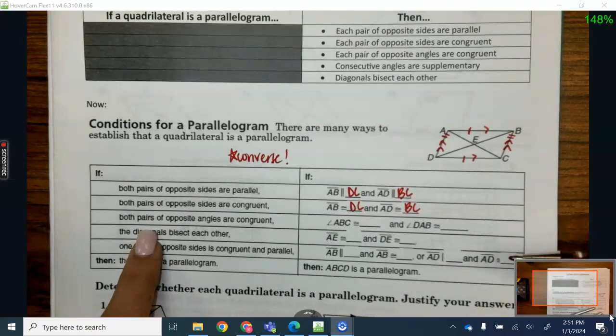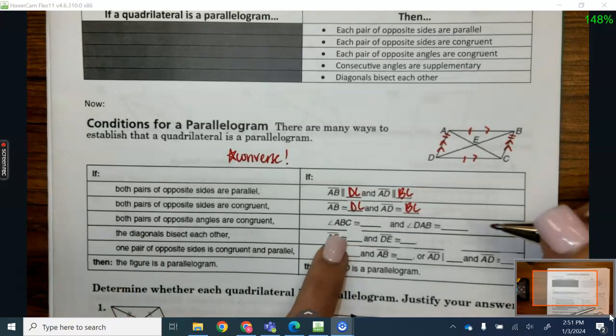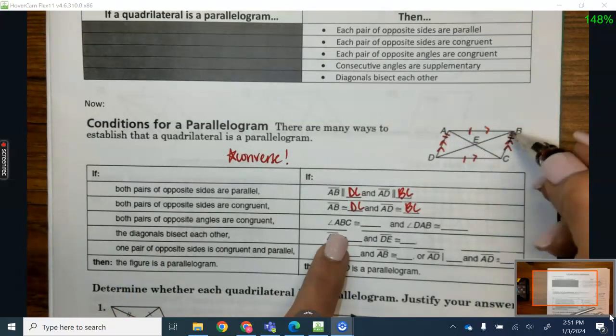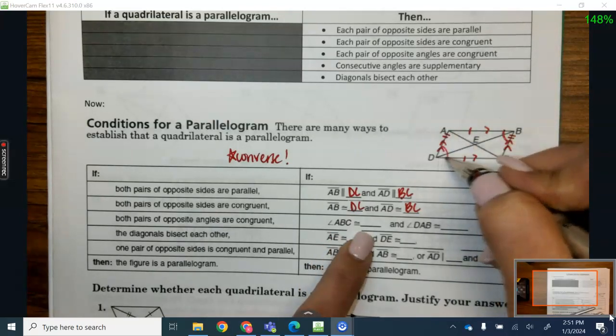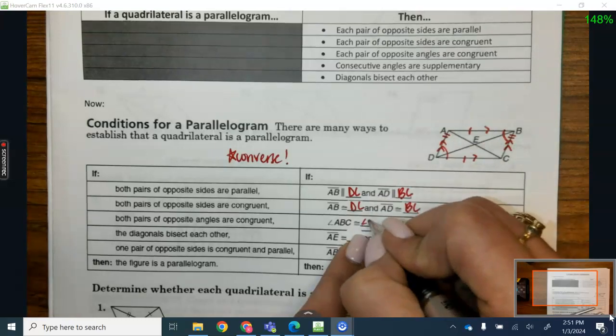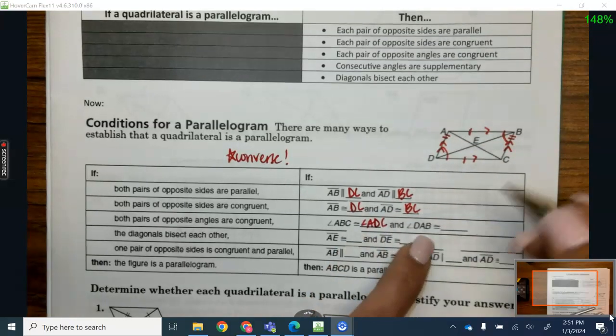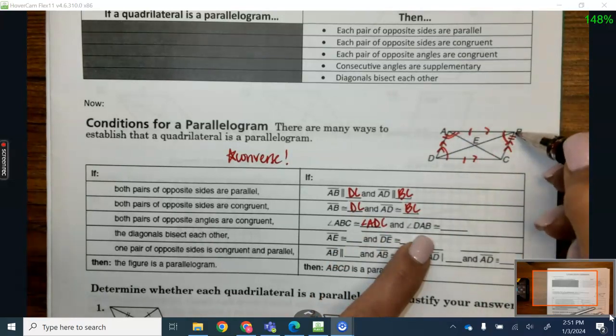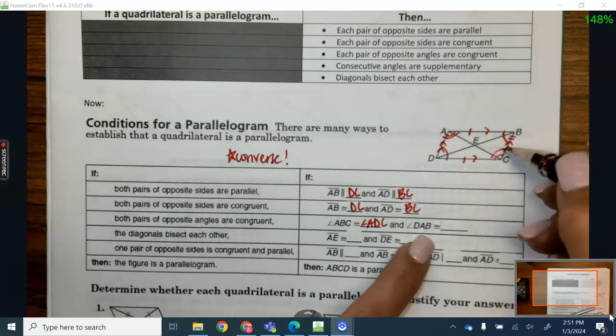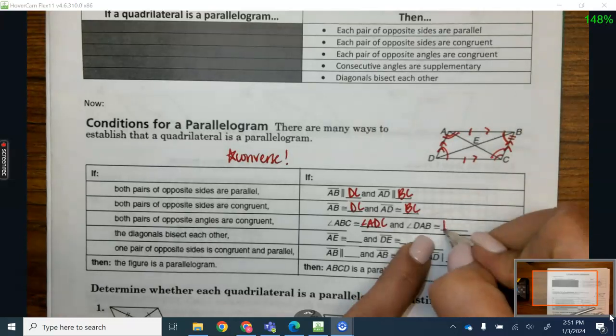Okay, if I took both pairs of opposite angles are congruent, if angle ABC, which is up here, is congruent to angle ADC, those are opposite, and then angle DAB congruent to angle BCD or DCB, whichever, right?